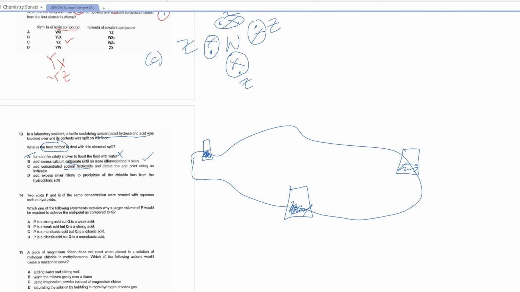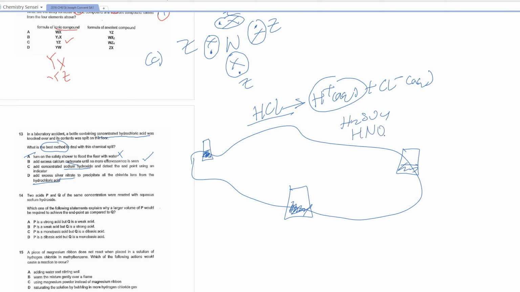Option D. Add excess silver nitrate to precipitate all the chloride ions from the hydrochloric acid. What makes an acid is the H plus ions. It is not the chloride ions. It is the H plus ion. If you take a look at your most common acids, we have hydrochloric acid, sulfuric acid, and nitric acid, maybe also phosphoric acid.